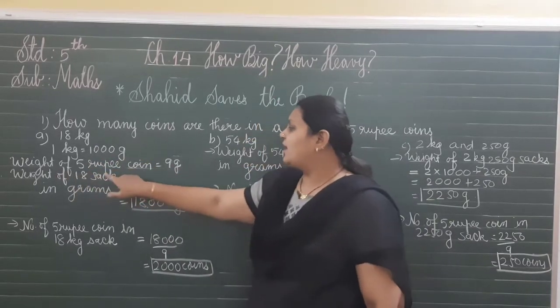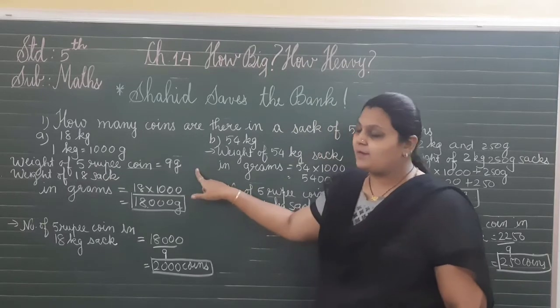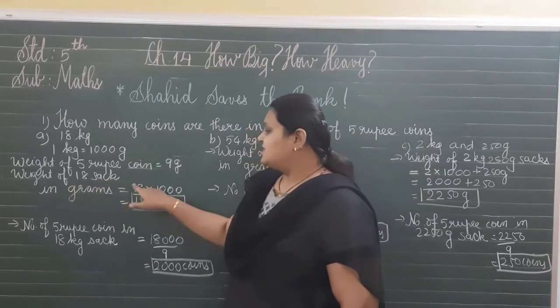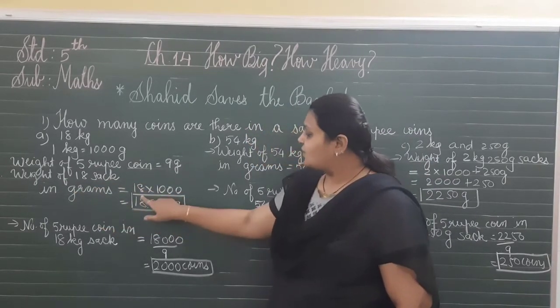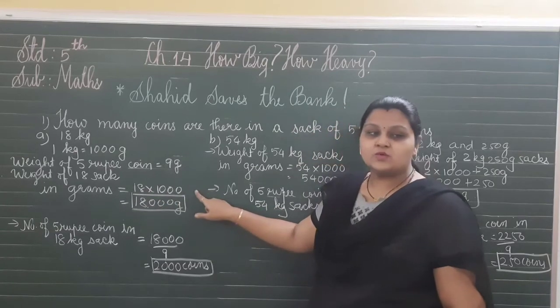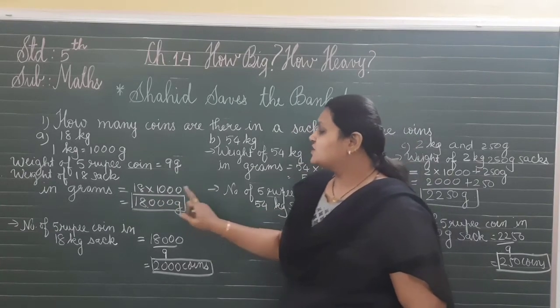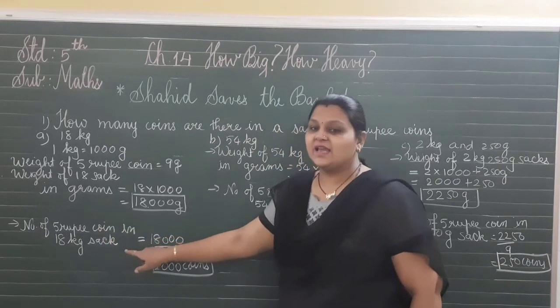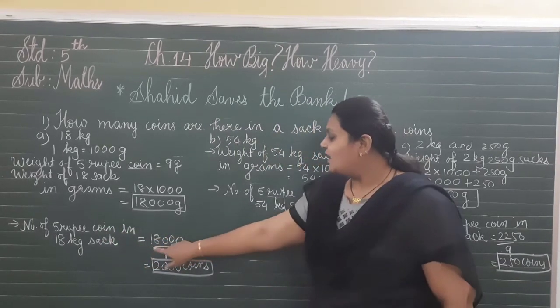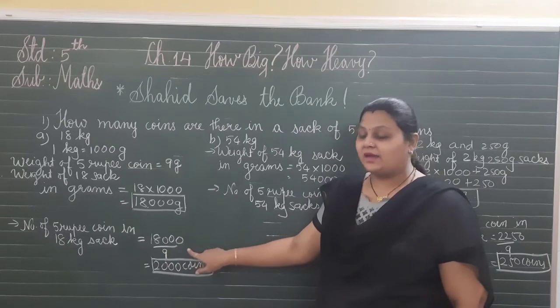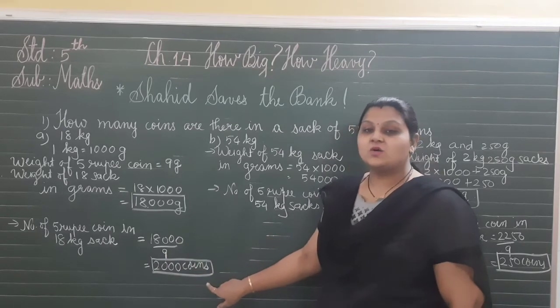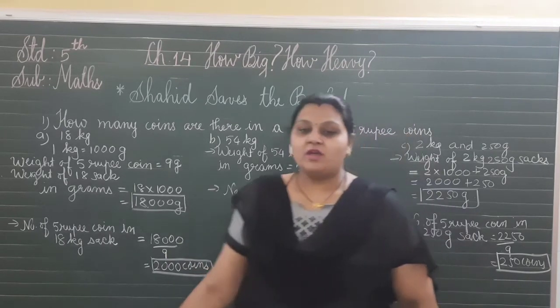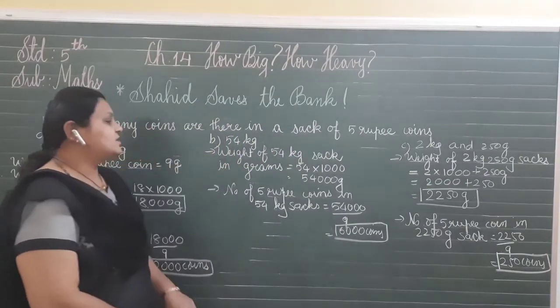The weight of a 5 rupee coin is 9 gram. Weight of 18 kg set in grams is equal to 18 multiplied by 1000, that is 18,000. So number of 5 rupee coins in the 18 kg set is equal to 18,000 divided by 9, that comes to 2000 coins.